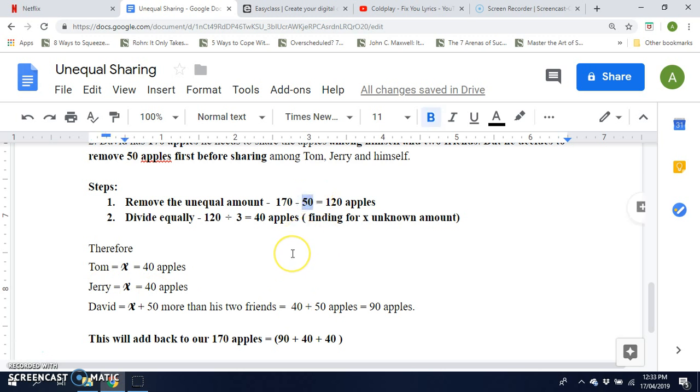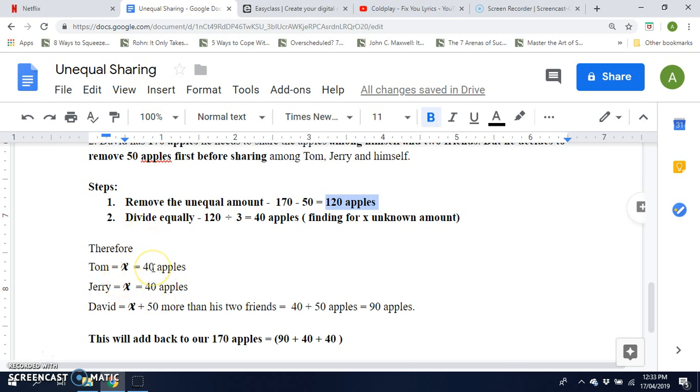And when I put aside my 50 and hide that in the bush, then I will go across to them, and I really only have 120, not 170. So, he takes the 120 and he divides that.